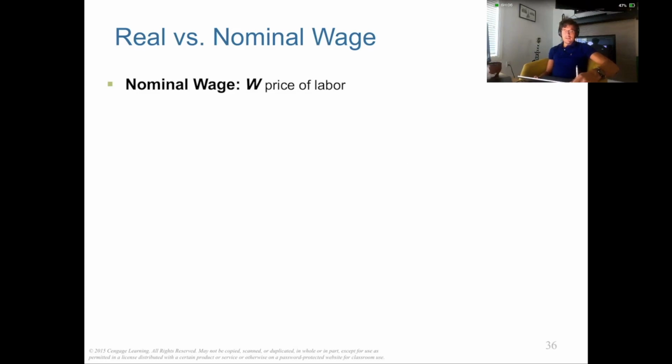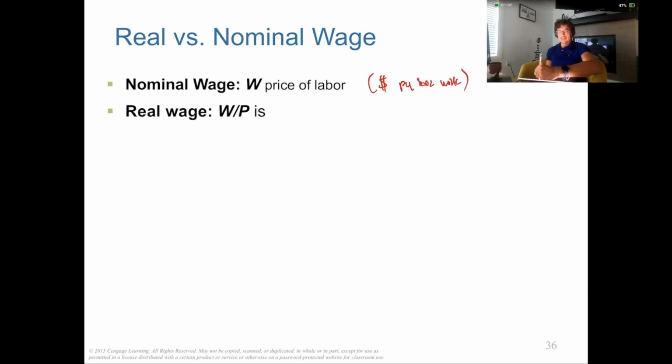Now, for example, real versus nominal wage. The nominal wage is just telling you how many dollars you get, say, per hour worked. While the real wage does not care only about how much you get in terms of dollars per hour. You really are interested in, okay, I get $1,000 per month, and I want to know what I can buy with it.